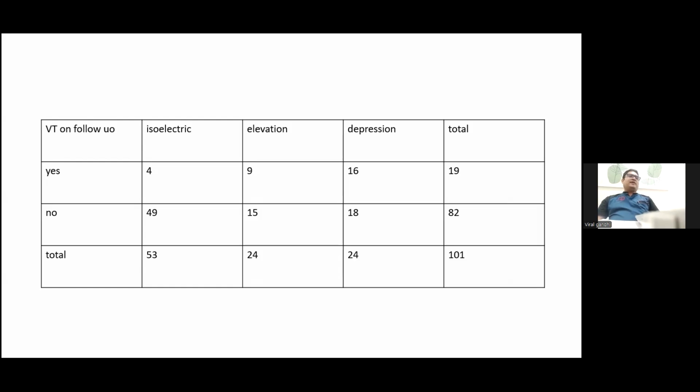Now when we compared with mortality, from 110 patients, 11 patients died, 5 were lost to follow-up, and ST segment depression was in 4 patients, elevation in 3, and isoelectric in 4. So when we put together the data of elevation and depression, ST deviation patients had more mortality than the isoelectric ST segment in lead AVR.